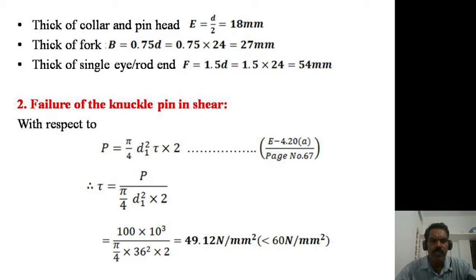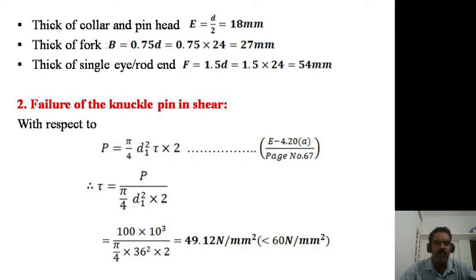After simplifying it, you will get the capital B value. Next, thickness of the single eye or rod end, that is capital F. F is equal to 1.5d. Therefore 1.5 into 36, you will get 54 mm. Here instead of 24, make the correction 36, so you will get 54 mm.